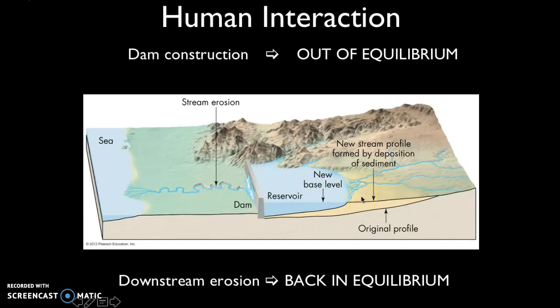So all the sediment that was initially going to point B is now being deposited at point C. Whenever you are building dams, it is very common to see a lot of sediment deposition near the reservoir on the sides of them, and you are going to see a depletion in that sediment load at the initial base level prior to the dam construction.